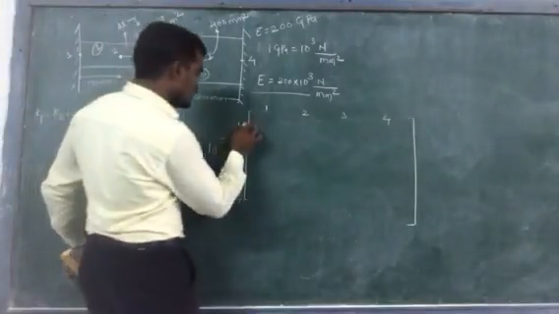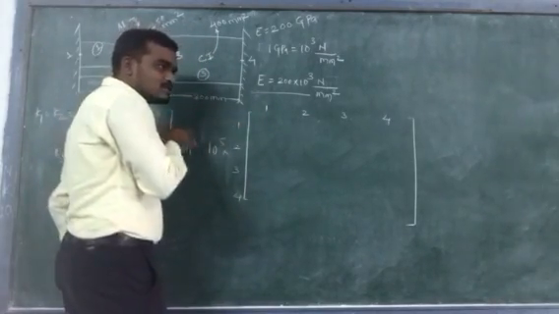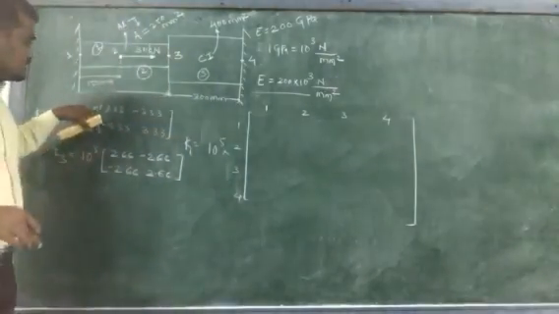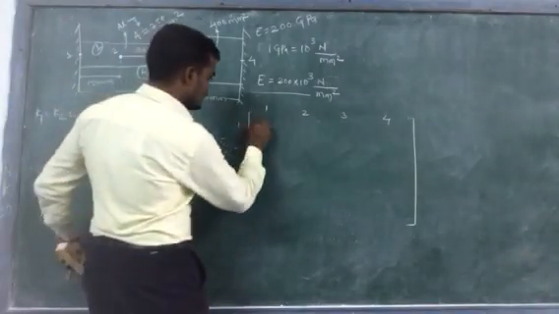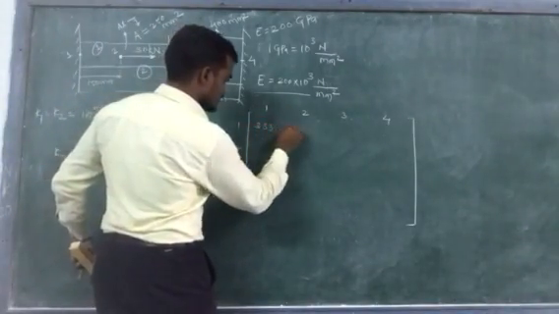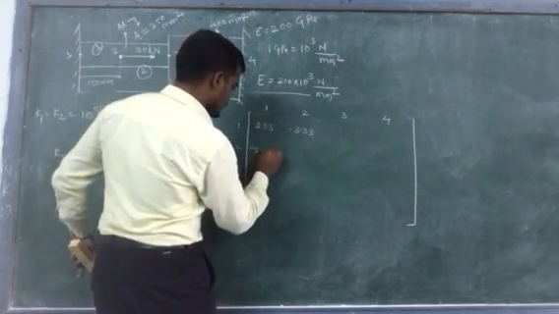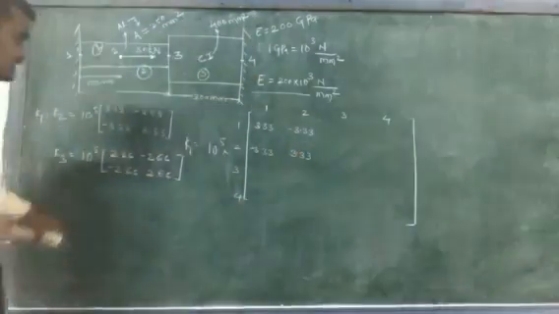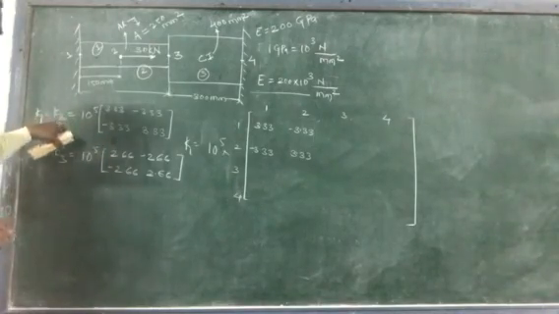As we have previously written the elemental stiffness matrices globally, here also we will write this elemental stiffness matrix globally as 3.33, minus 3.33, minus 3.33, 3.33. Okay. The next is the second elemental stiffness matrix.